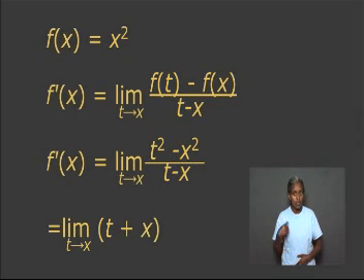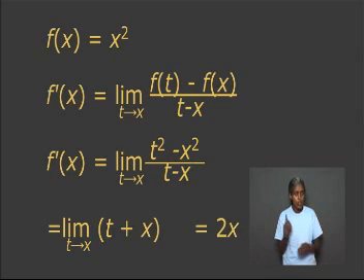We can cancel the like terms to get the limit of t plus x as t approaches x. Therefore, we have found that the derivative of f of x equals x squared with respect to x equals 2x.